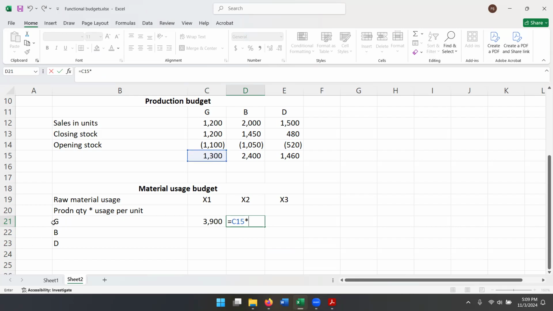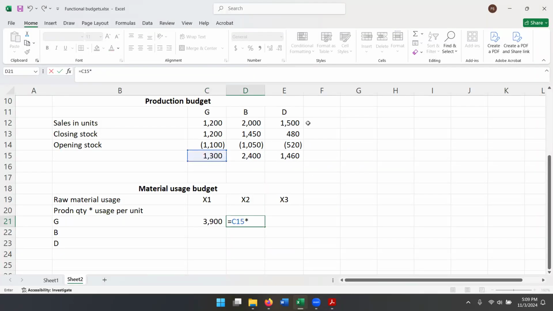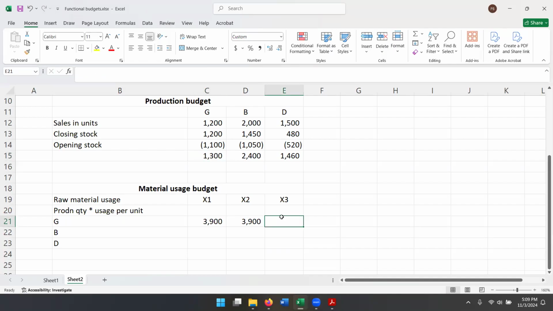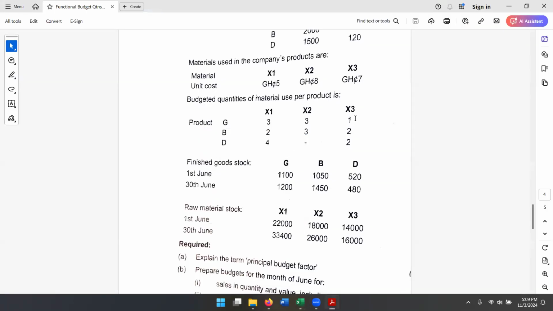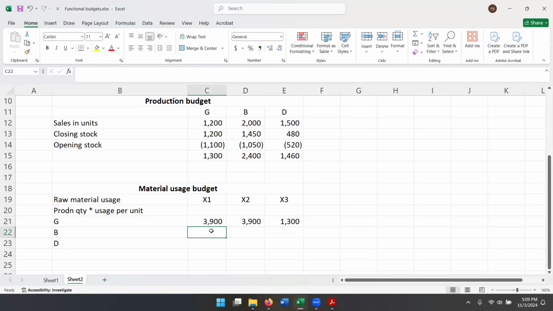Because it's J, for X2, we are going to use 3. So the same 1,300, and for X3 we are going to use 1. So multiply by 1.